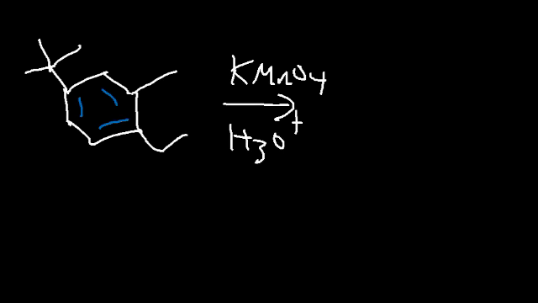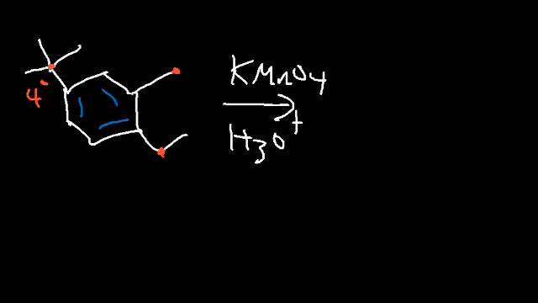Now what's going to happen at this point if we use potassium permanganate and H3O+? At this point we're going to get a side chain oxidation reaction. This is going to oxidize the carbon atoms outside of the benzene ring if there's a benzylic hydrogen. So there are hydrogens on this carbon, and hydrogens on this carbon, but this carbon is quaternary, it doesn't have any hydrogens on it.